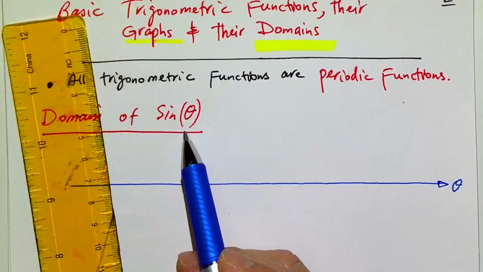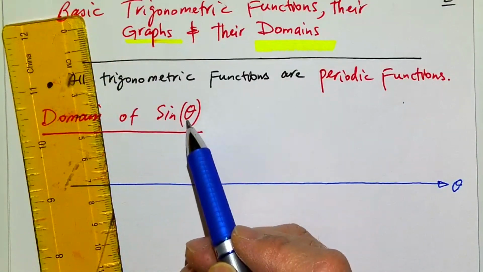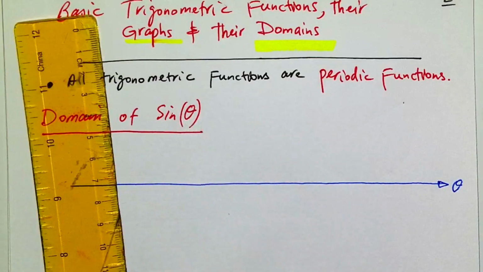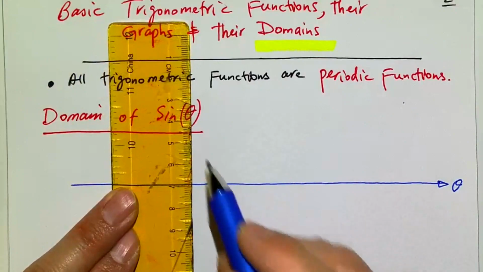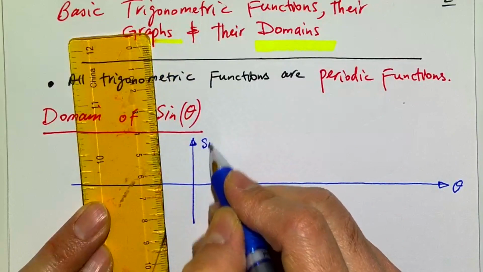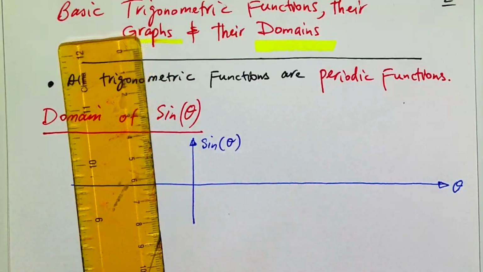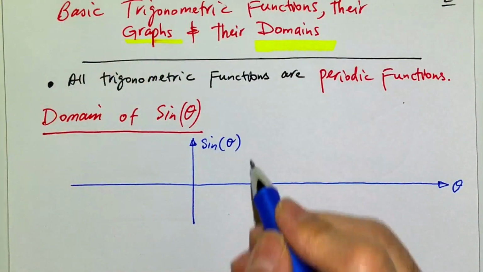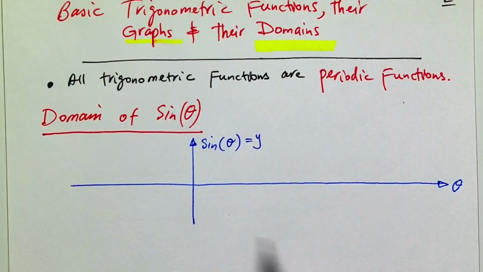So in this case, the independent variable is theta. It's an angle rather than any other value. And of course, the y-axis, and that would be for us sine of theta, right? That's our function. Or sine of theta, let's call it y. So theta being on the x-axis.